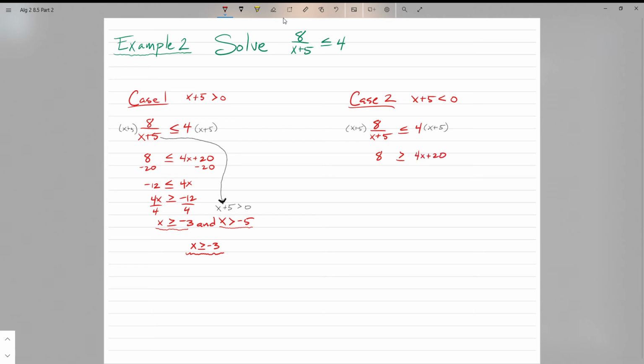And I still go through and solve it. Subtract 20. X is less than or equal to -3, and if you want I can write that the other way around.